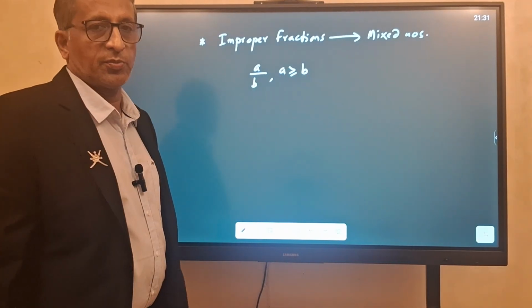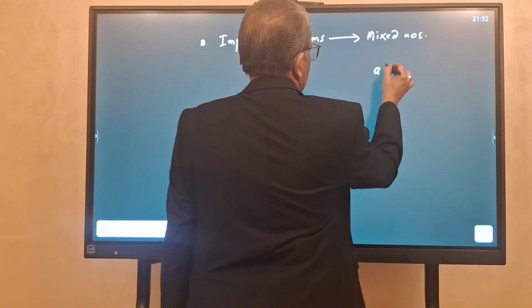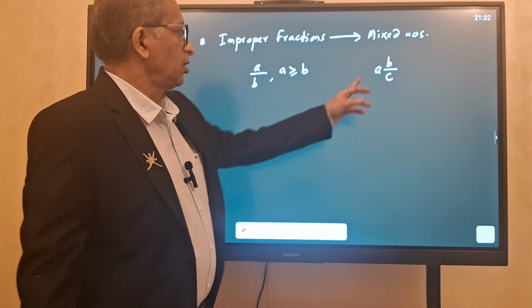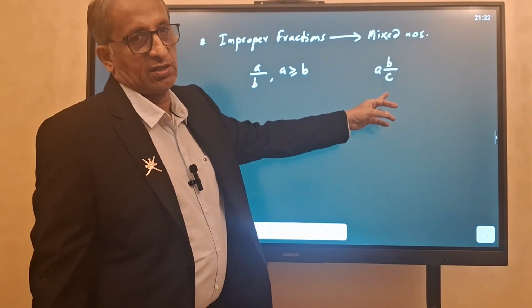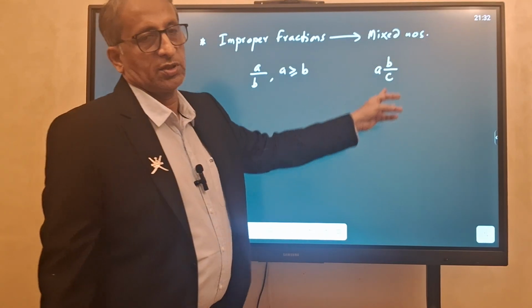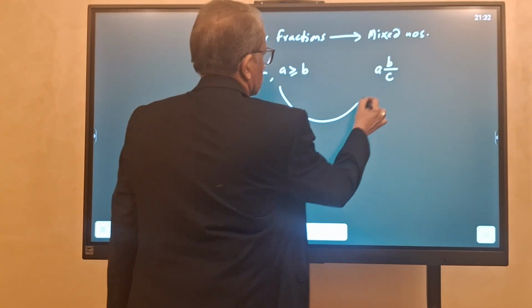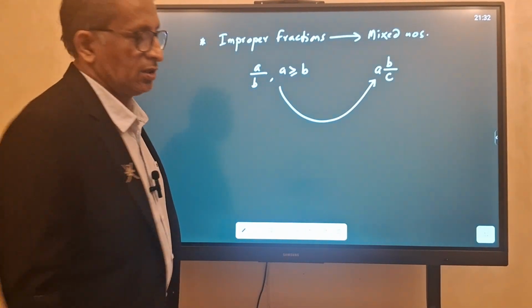What are the mixed numbers? A mixed number is a mix of the whole number a and the fraction b by c. So this is the mixed number. We can convert improper fractions to mixed numbers.